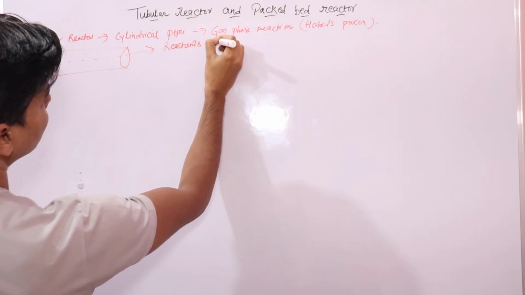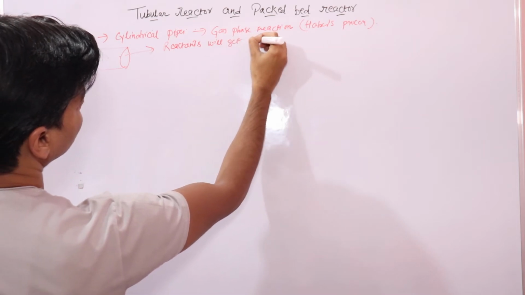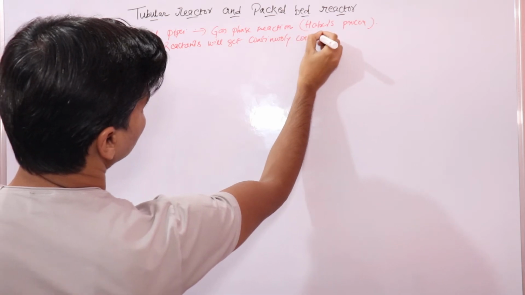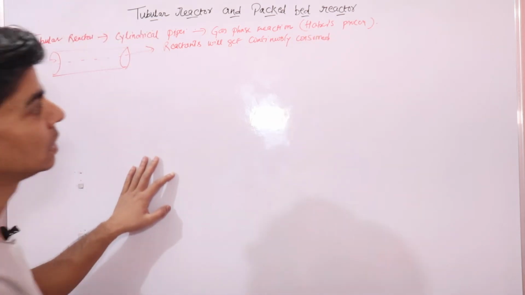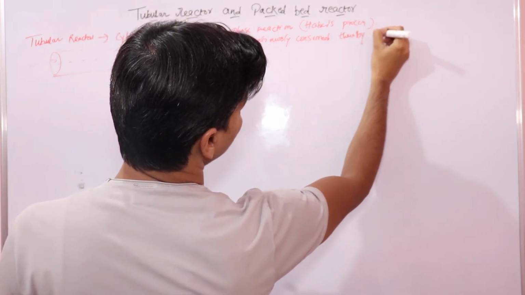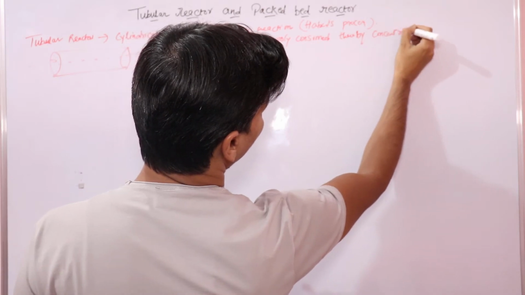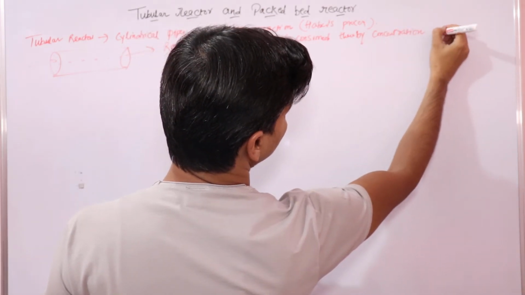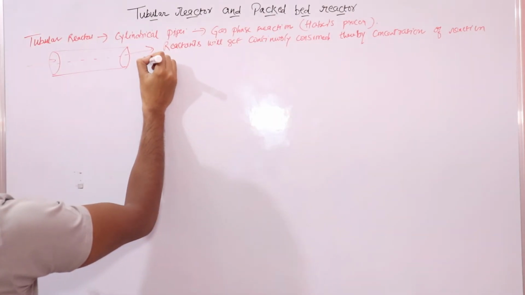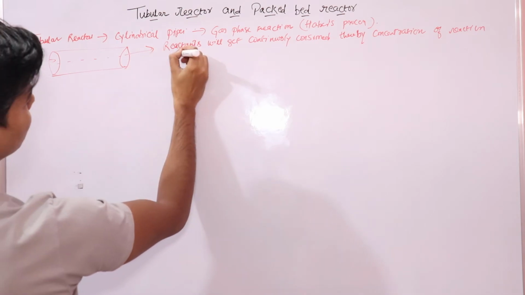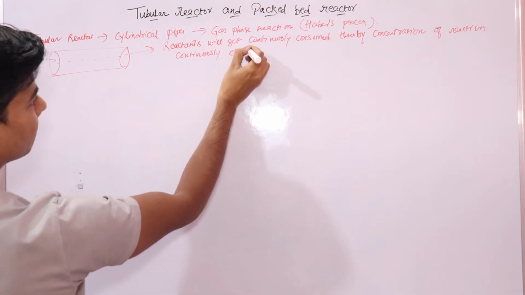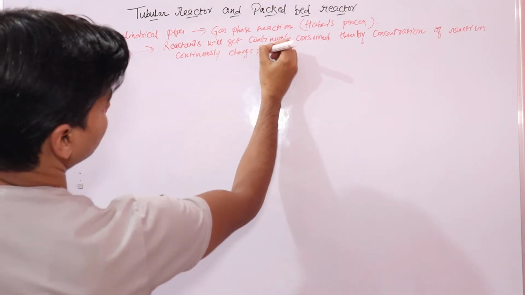Reactants will get continuously consumed in tubular reactors, thereby the concentration of reactants continuously changes, which changes the rate of reaction.